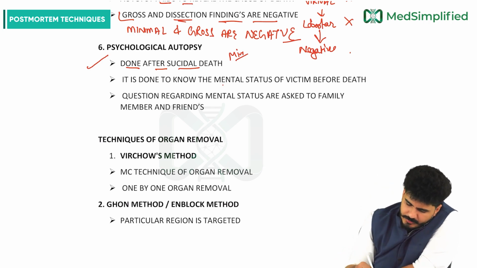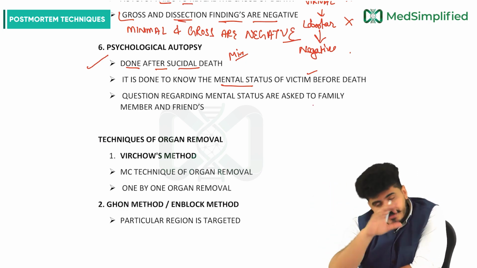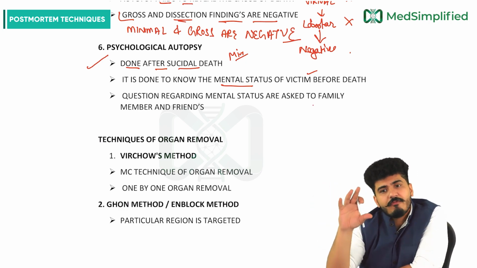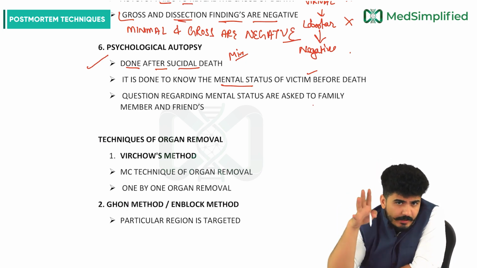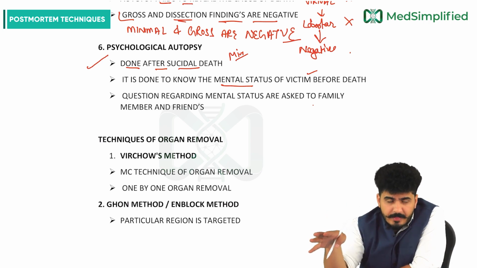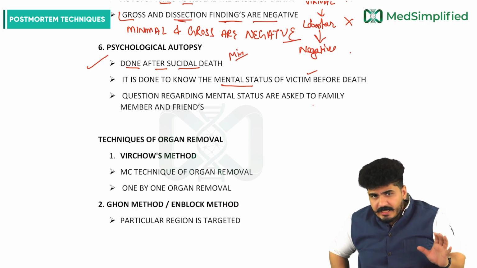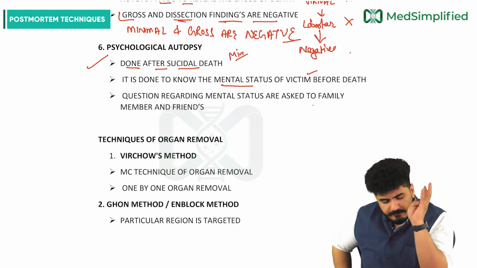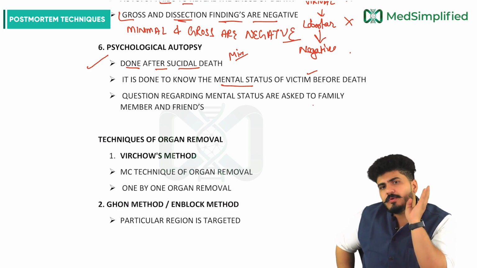It is done to know the mental status of the victim before the death. So the person died. Now you want to know whether he was suffering from any known mental sickness or not. What was the scenario he was living in? What conditions had he faced? How was the environment in the society he was living in?